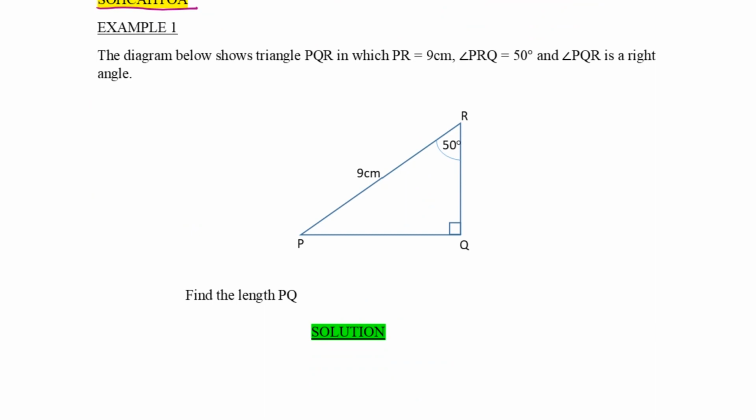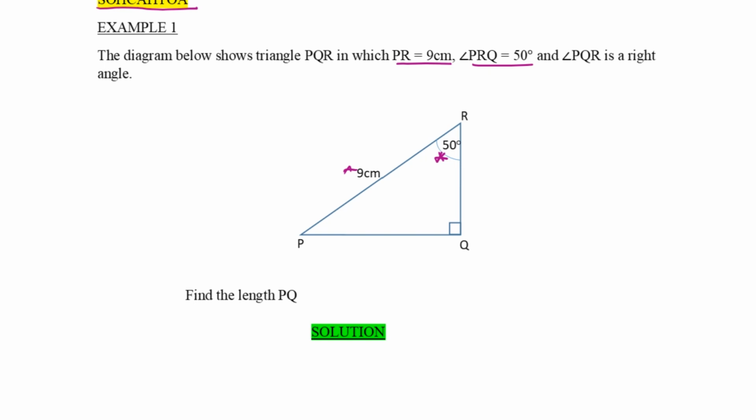Okay, it's saying the diagram below shows triangle PQR in which PR is equal to 9 centimeters. So this is PR here. The angle PRQ is equal to 50 degrees, this angle here.